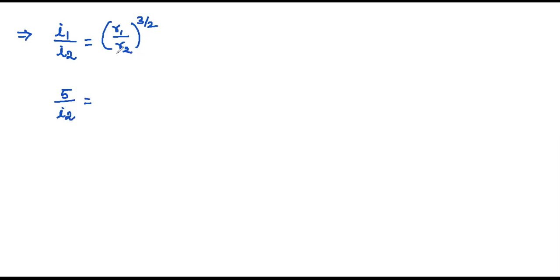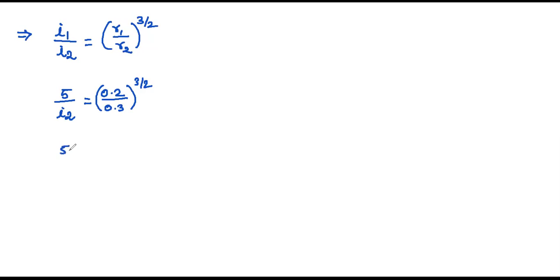R1 is 0.2 and R2 is 0.3. No need to convert into meter. Whenever they are giving ratios like this, no need to convert, because even if we convert into meter, the minus 3 in the numerator and denominator will get cancelled. So no need.